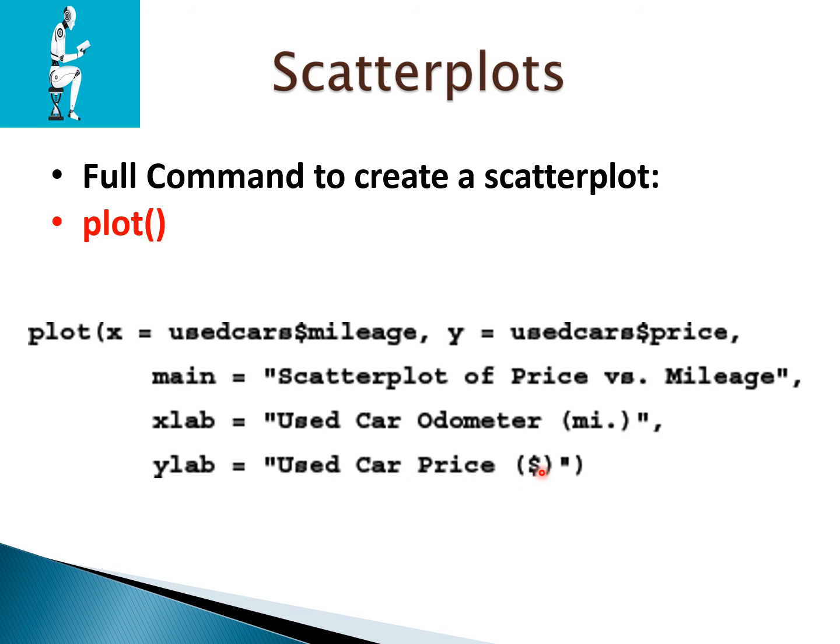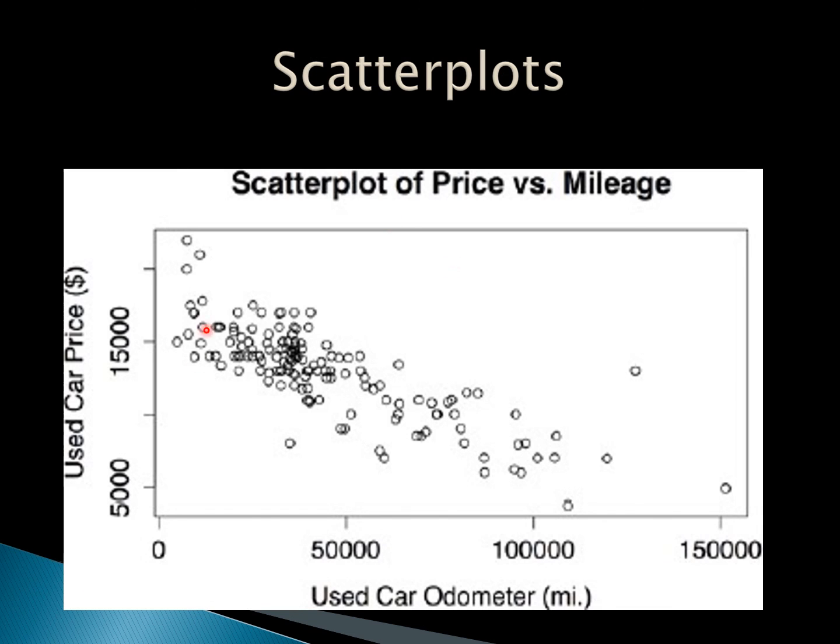So on the x-axis we have the mileage data and on the y-axis the price data. The heading of the graph is "Scatter plot of price versus mileage". The x-axis is labeled "used car odometer" and the y-axis is labeled "used car price". So this is the graph: the heading, x label, y label, x data, y data.